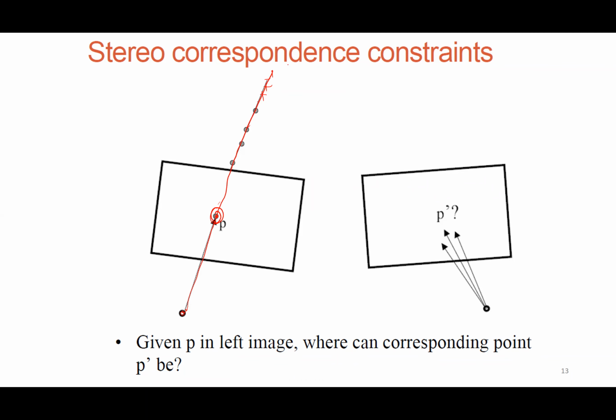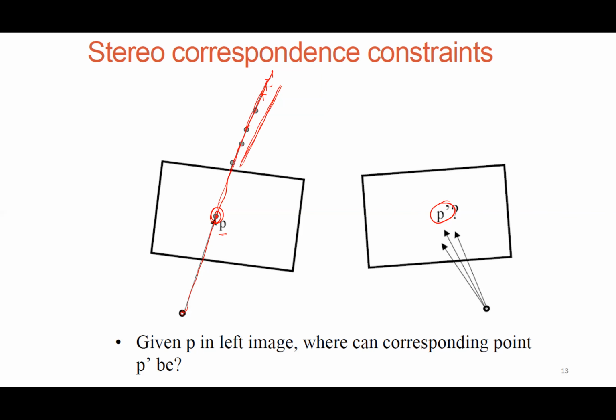Now for this point, let the correspondence be called P prime. The question posed here is, can this P prime be anywhere in the image, or can you say that it can be only in so and so regions? Can it be randomly anywhere or no? Is the question clear? Here you have a point P that might be representing a scene at one of these heights, on this straight line only.